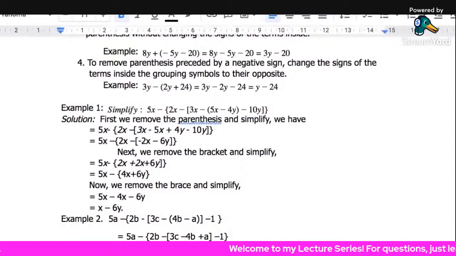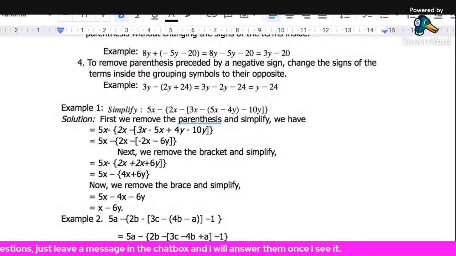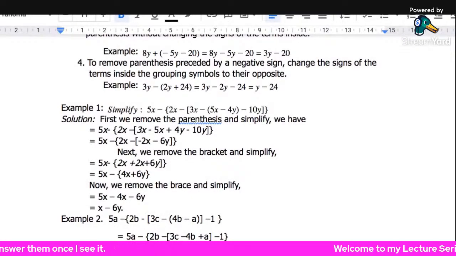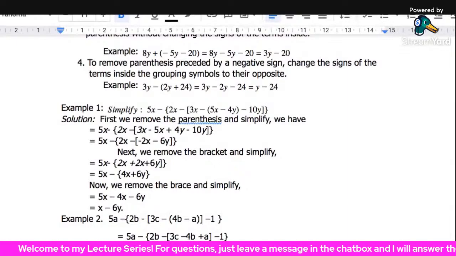Okay, I'm sure you know that. So negative times positive 2y will give you negative 2y. Negative 1 times positive 24 will give you negative 24. Since these are two similar terms, 3y minus 2y will leave you with a y or 1y minus 24. So that's how you do it.